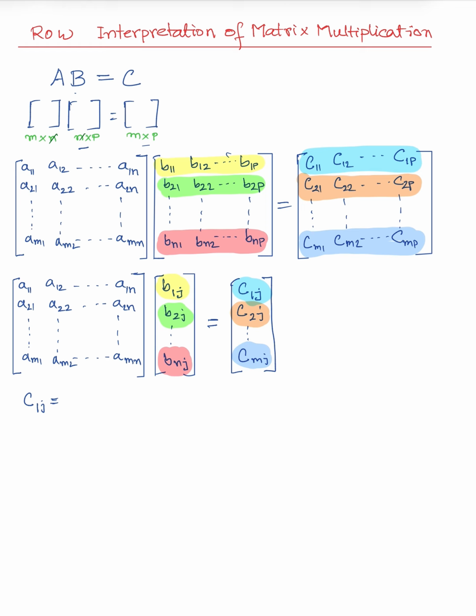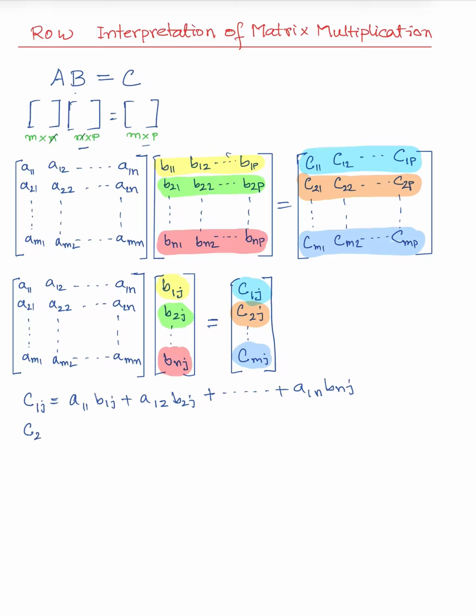So it's going to be A11 B1J, A12 B2J, up to A1N BNJ.